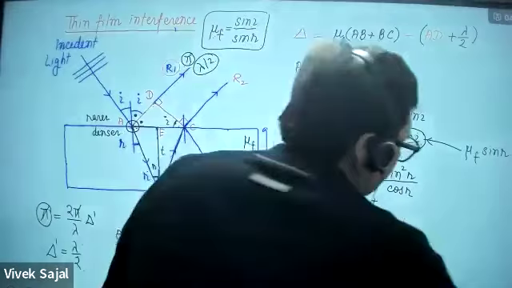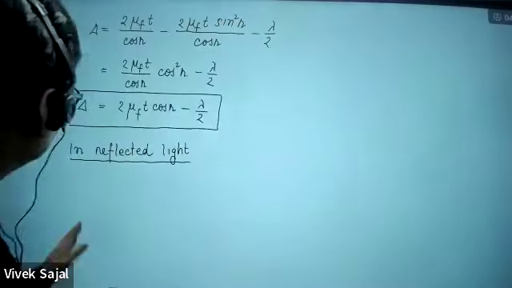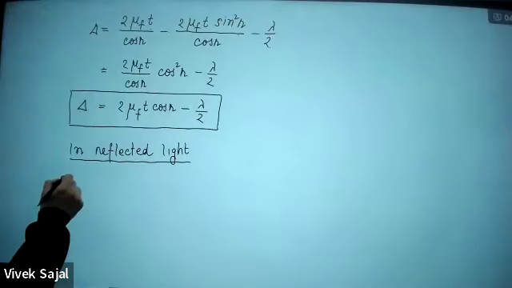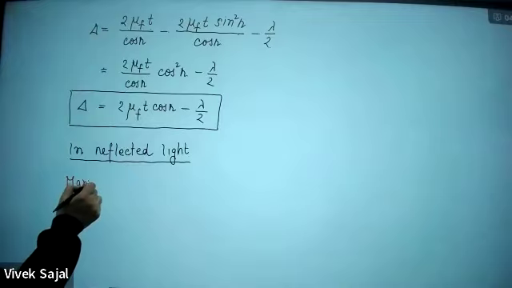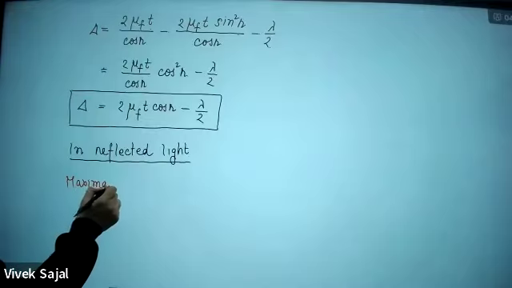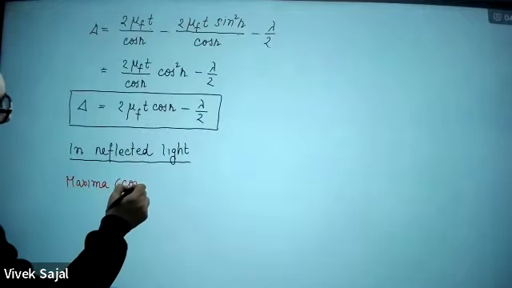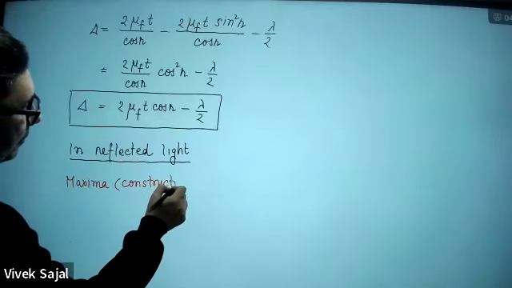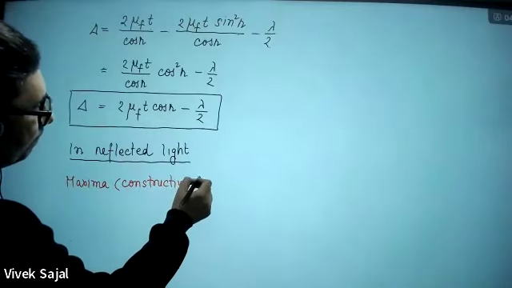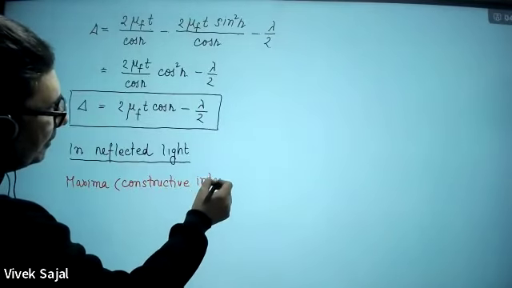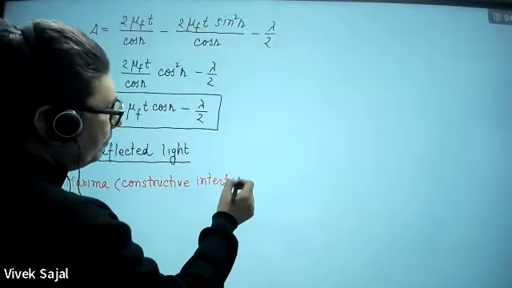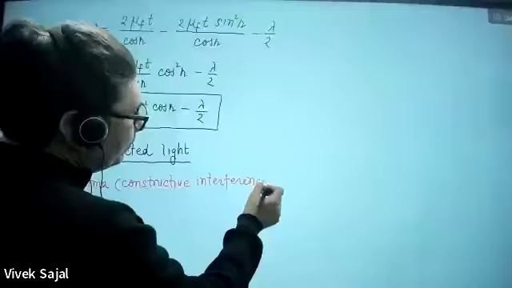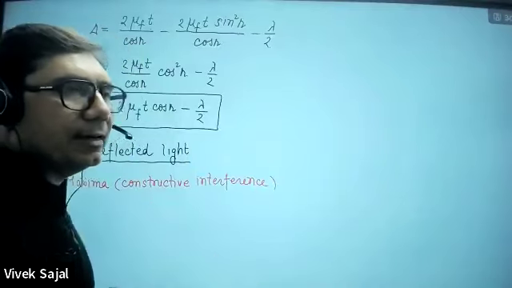So we should know the condition for maxima, or constructive interference, that will be observed in the reflected light.